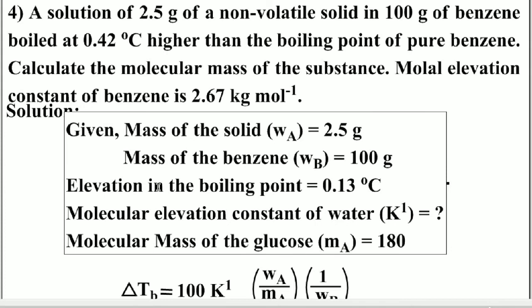100 grams. The elevation in the boiling point, delta TB, is given as 0.42 degrees centigrade.